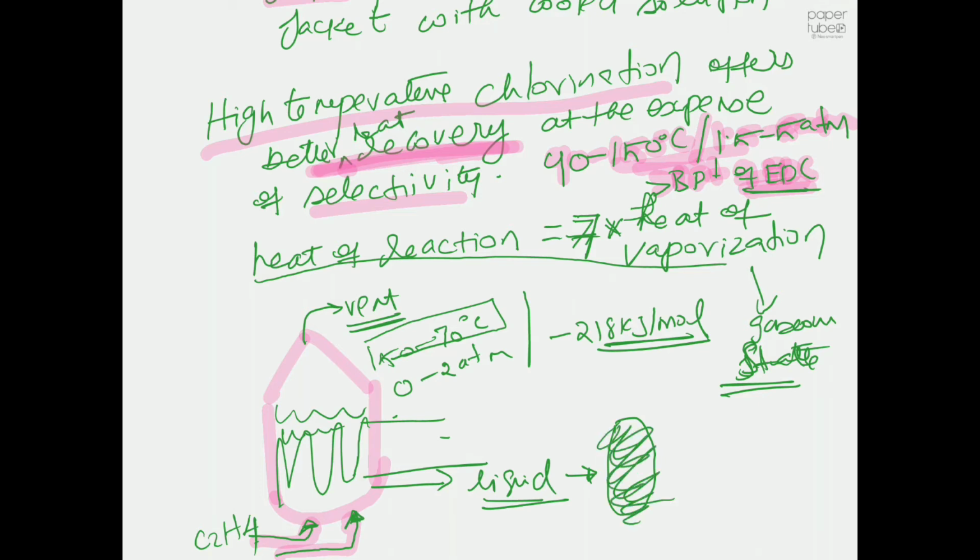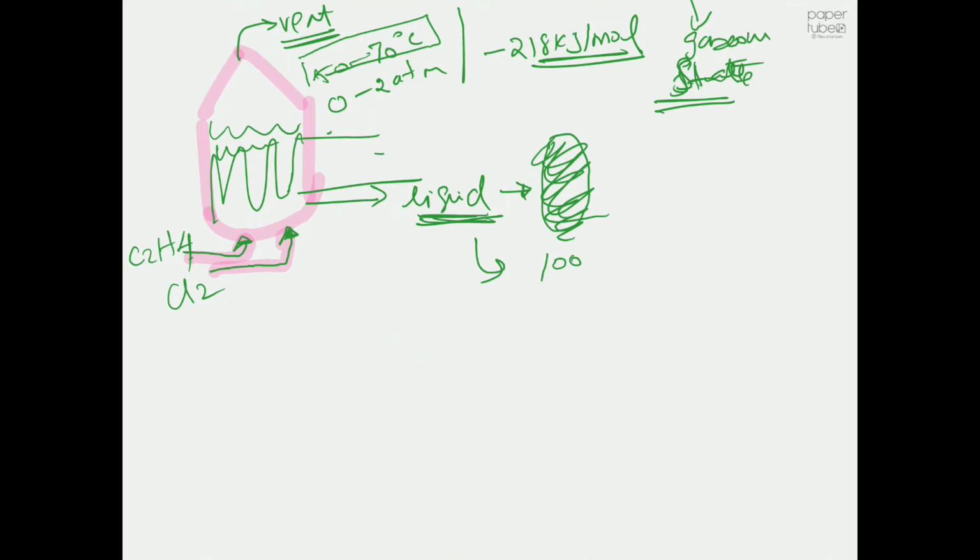So we have to think about other separation techniques in order to purify that liquid, to get near 100% pure, or say 99.5 or more than 99% pure ethylene dichloride.